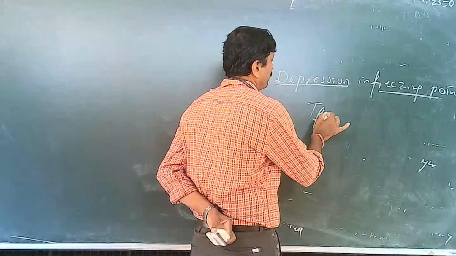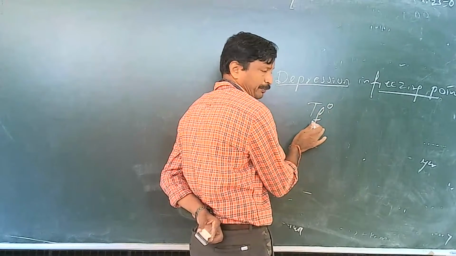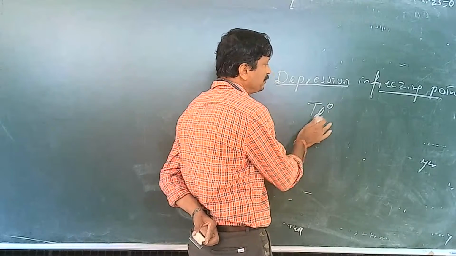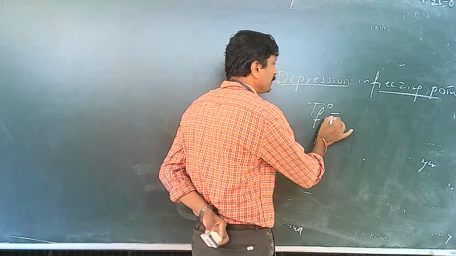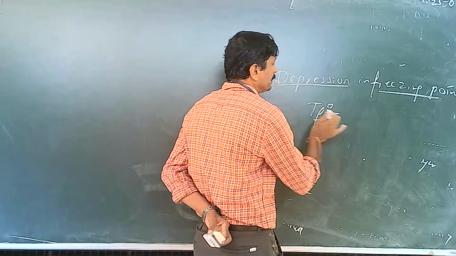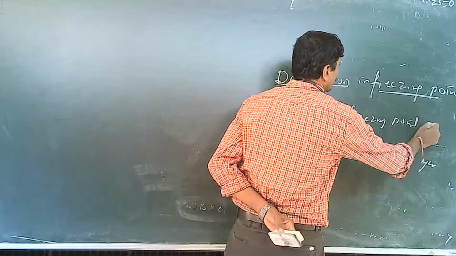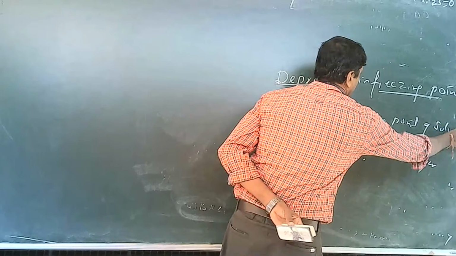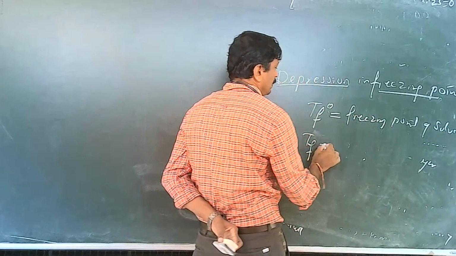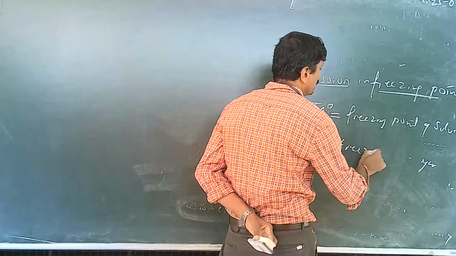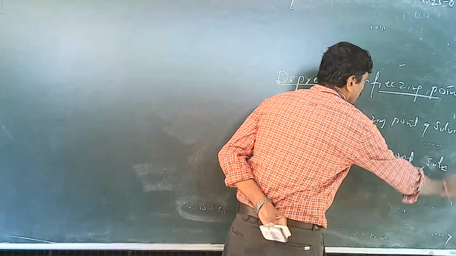Suppose Tf naught: T means temperature, f stands for freezing point, naught means the pure solvent. Tf naught is the freezing point of the solvent. Tf is the freezing point of the solution.